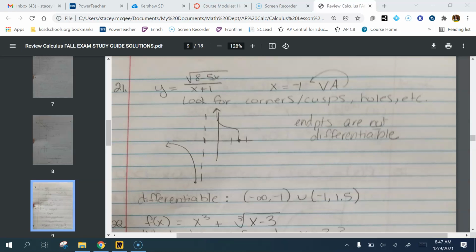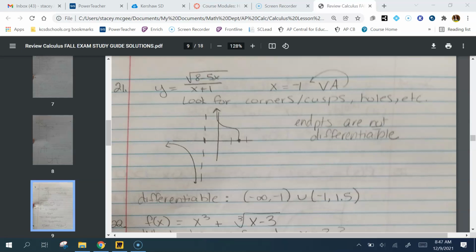If the limits are the same, so if it's continuous, it's okay. If it's continuous and the left-hand derivative is the same as the right-hand derivative, you're basically looking for points of discontinuity. Discontinuities are not differentiable. Endpoints are not differentiable. Corners, cusps, and vertical tangents are not differentiable.